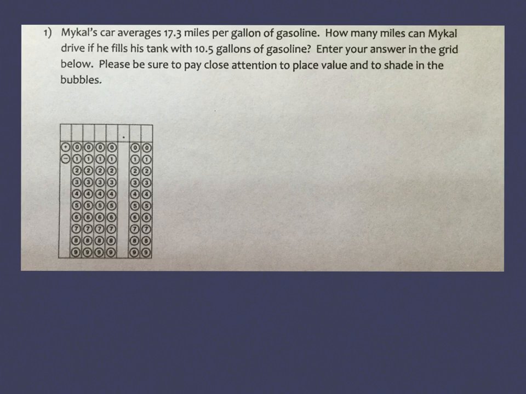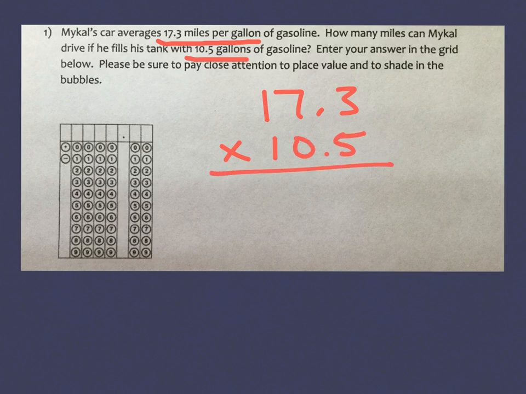All right, so here's what we see. He averages 17.3 miles per gallon. He's going to put 10.5 gallons of gas in his tank. So 17.3 miles for each gallon times the 10.5 gallons of gas in his tank.